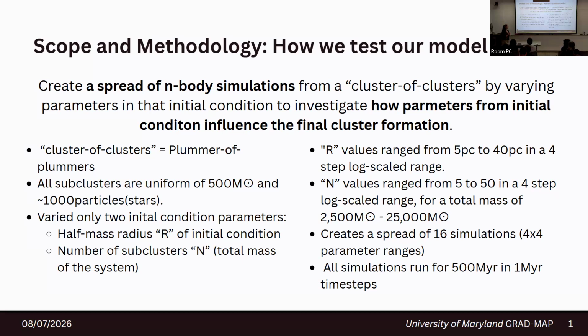The number of subclusters ranges from 5 to 50, also in a 4-step log scale range, which means we had from a total of 2,500 solar mass system to a 25,000 solar mass system. With these two ranges of parameters, we create a spread of 16 simulations. All of these simulations run for 500 million years with 1 million year time steps, or in other words, 500 time steps.